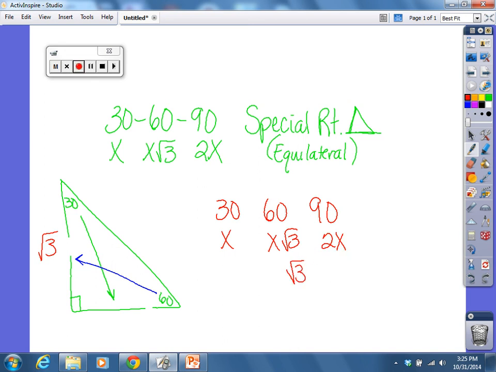How many square roots of 3 do you see there? That's right, there's only 1. There's an understood 1 in front of that square root of 3. So I can take that x value, that 1 is my x, and plug it in for the rest of them. So 2 times 1 is 2. Sometimes the most obvious of what we already know just slips our mind. So got to be careful with those that don't have a number in front of them.